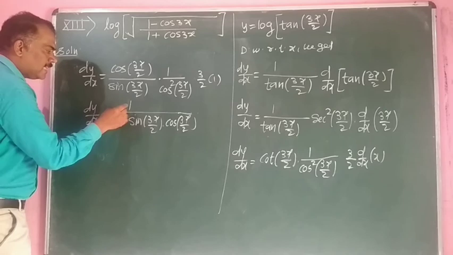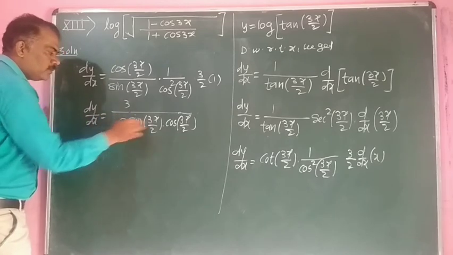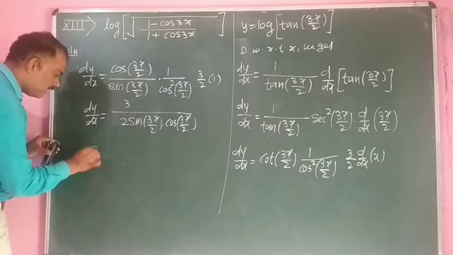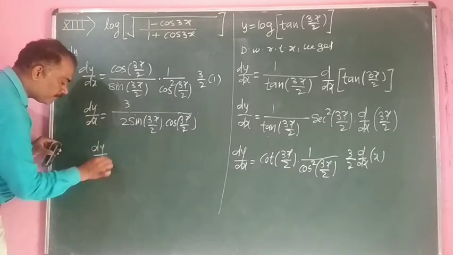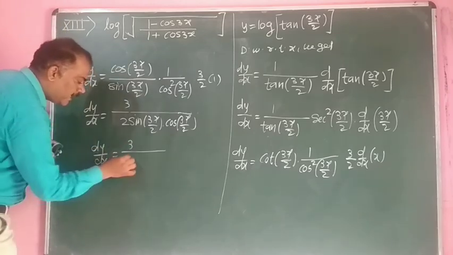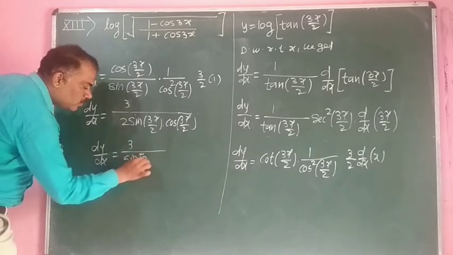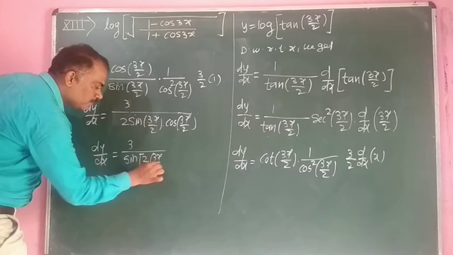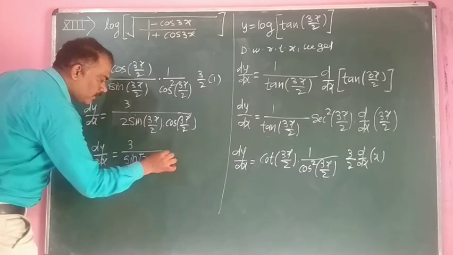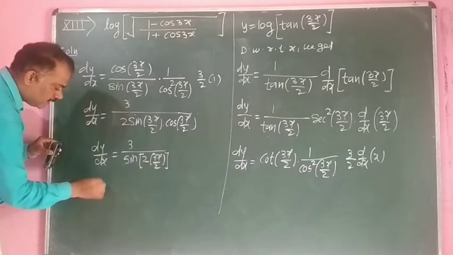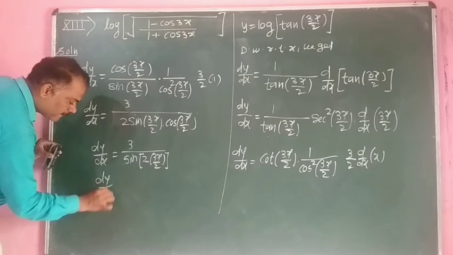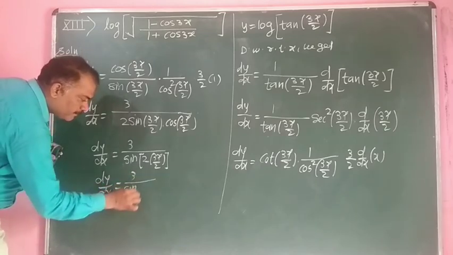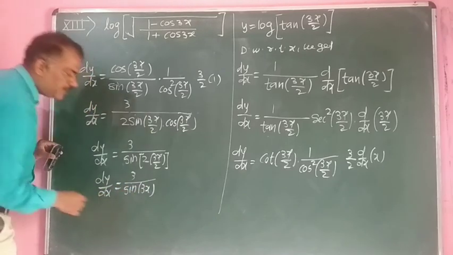We know the formula 2 times sin theta into cos theta is sin 2 theta, so dy by dx is equal to 3 divided by sine of 2 theta. What is theta here? 3x by 2. The 2 gets cancelled, so dy by dx is equal to 3 divided by sine 3x.